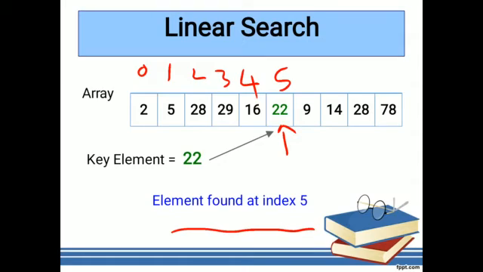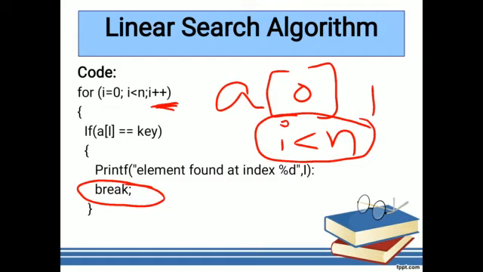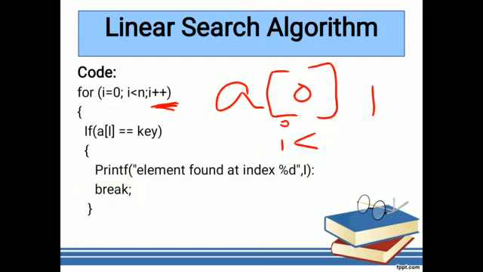Whenever the element is found, we break, because otherwise it unnecessarily keeps verifying the condition, since the for loop condition is i less than n.